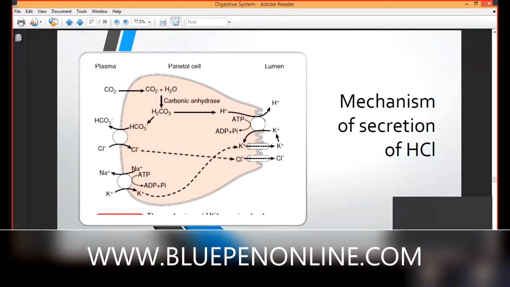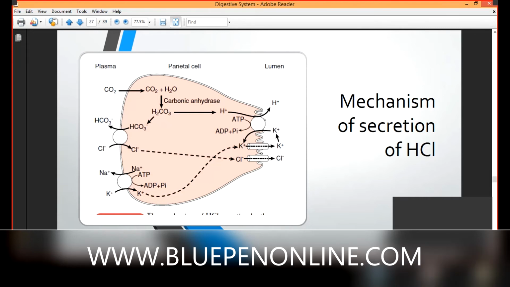Then water also enters into the lumen by osmosis. Then in exchange of this, sodium ions reabsorb, and potassium ions also reabsorb into the parietal cell.